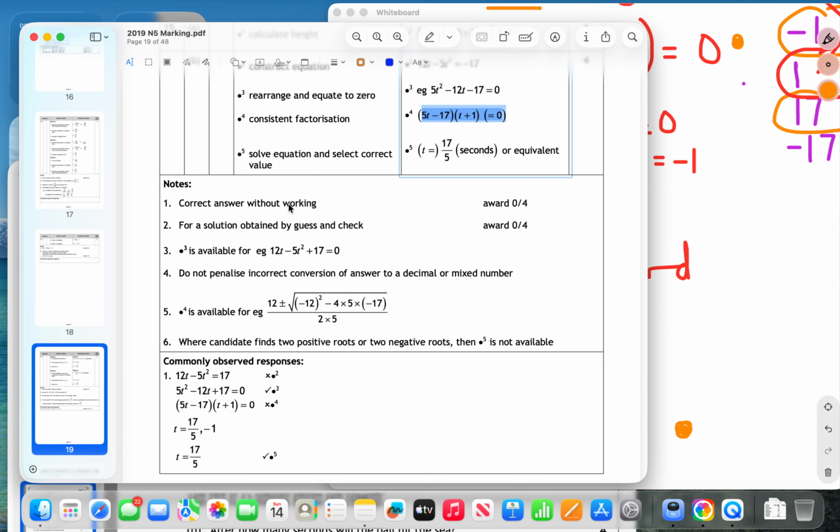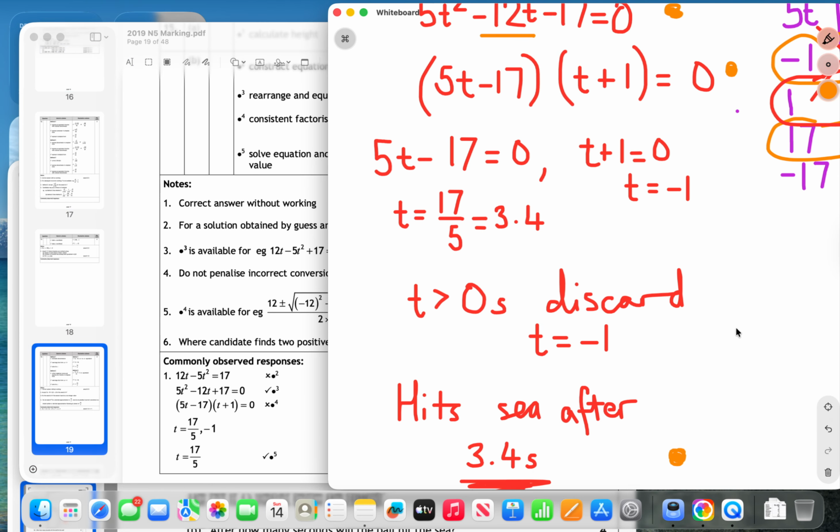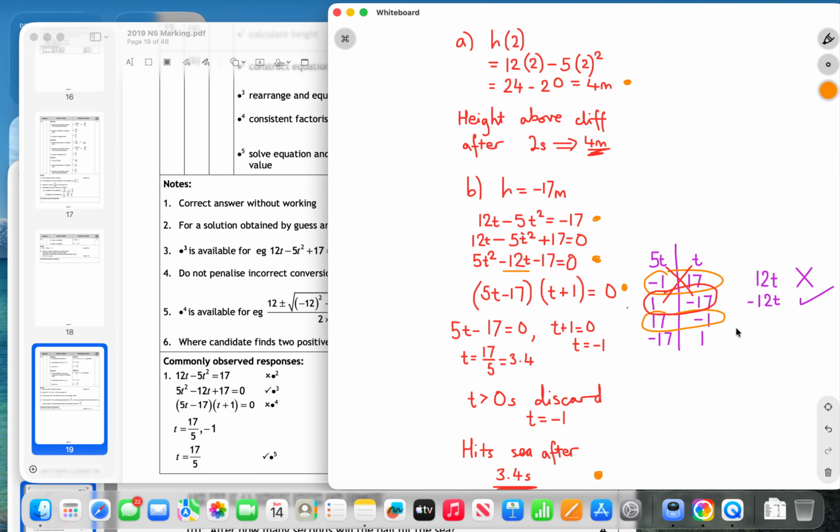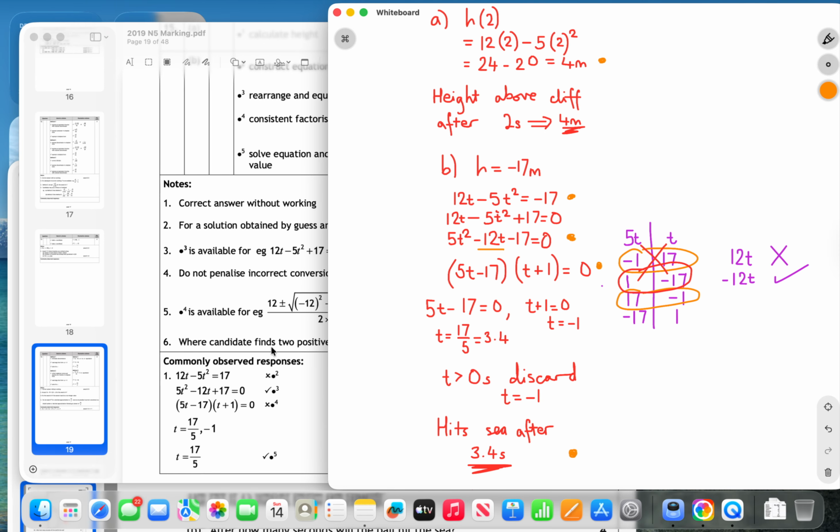But using the quadratic formula would be a lot harder to do, especially without a calculator. And if you show no working, you would get no marks, because they're assessing your ability to solve a quadratic equation and show the steps.